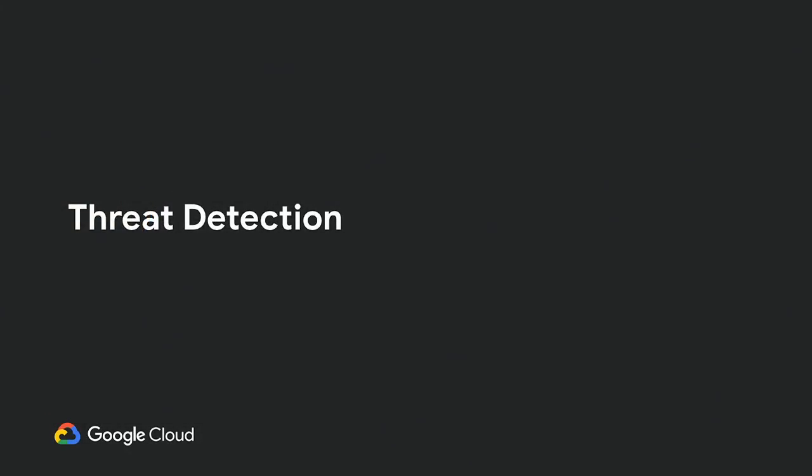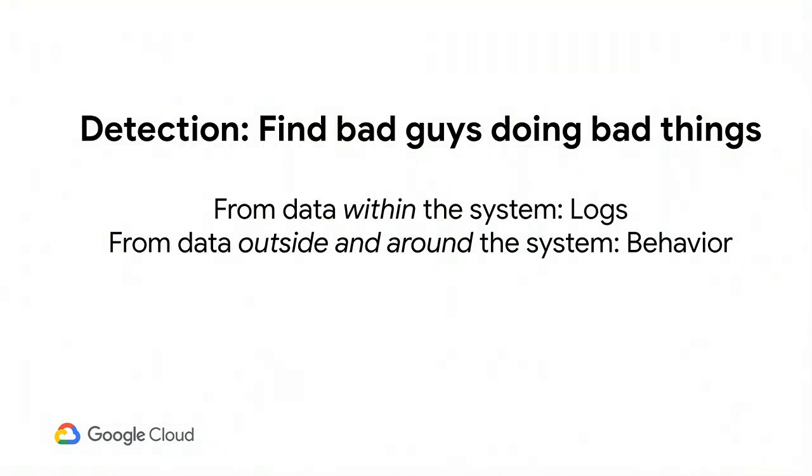We're now going to switch to threat detection. So as I mentioned before, detection for us is about finding bad guys doing bad things. And we have two types of threat detection integrated in the Cloud Security Command Center. With our beta launch, we had integrated the cloud anomaly detection, which was using data from outside and around the VMs and instances, so behavioral data.